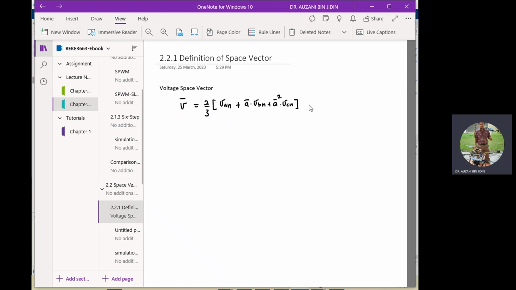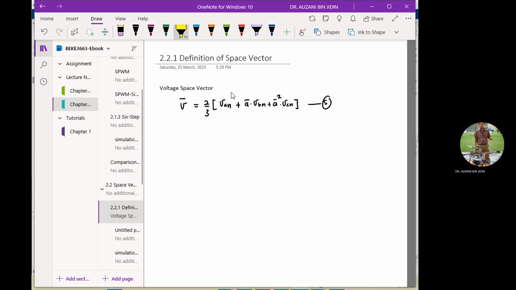So maybe I put this equation as equation number 4. So where the 2 divided by 3 here, we can call it a scaling factor.